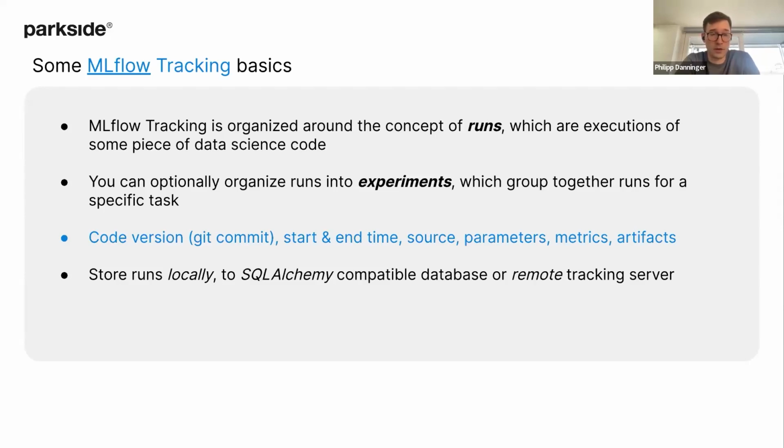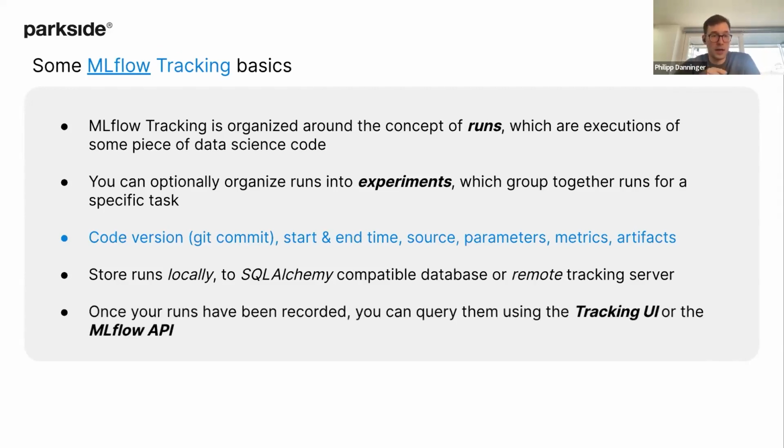So we're later on going to use an SQLite DB, but you could also, if you have to share all of your results, let's say globally, do it on a remote tracking server. And finally, once your runs have been recorded, you can query them using the tracking UI or the MLflow API. So this is a really, really helpful tool to gain an overview and to access all of your trackings quite easily.